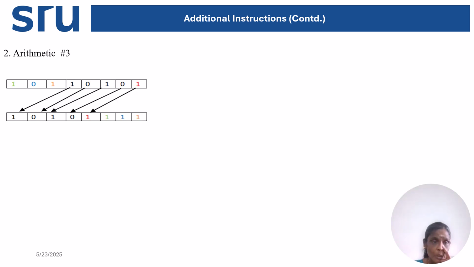That is important. And the next one, the same left shift, arithmetic. First one was logical, second one is arithmetic, by 3 positions. The same example, 1 0 1 1 0 1 0 1. But this is the difference.